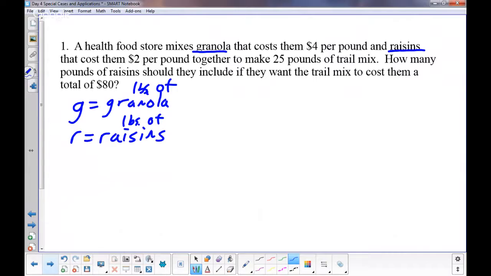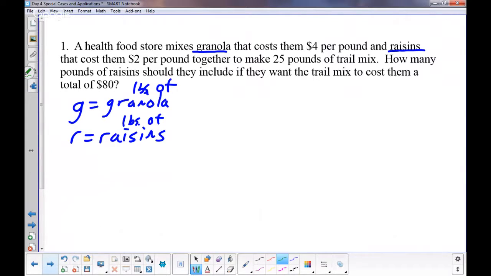All right, so we have to set up our two equations at this point. Well, when we do word problems, 90% of the time or even more, you have two problems mixed in together. You have a total amount where you take your two things and they add up to a total, and then you have a monetary value where the first thing costs something, the second thing costs something, and in total they cost all this together. So I always tend to start with the total.